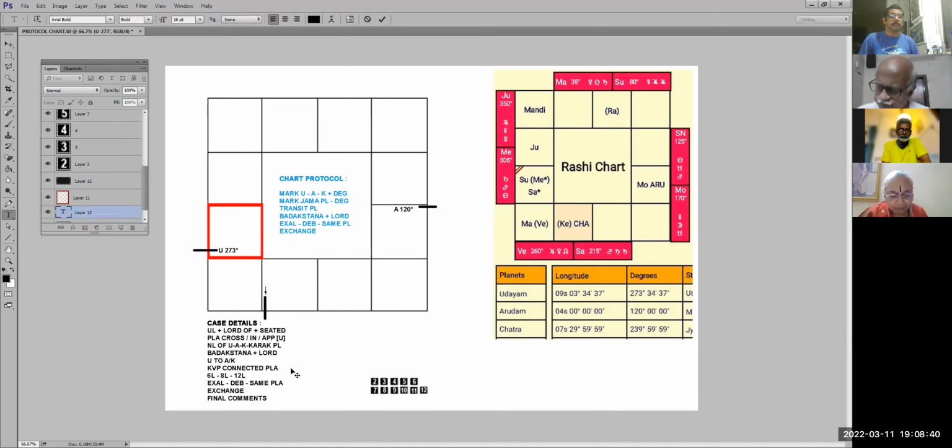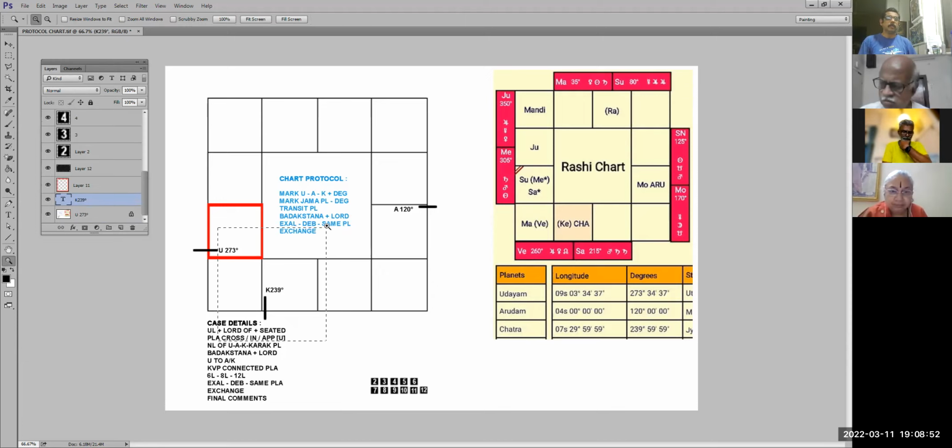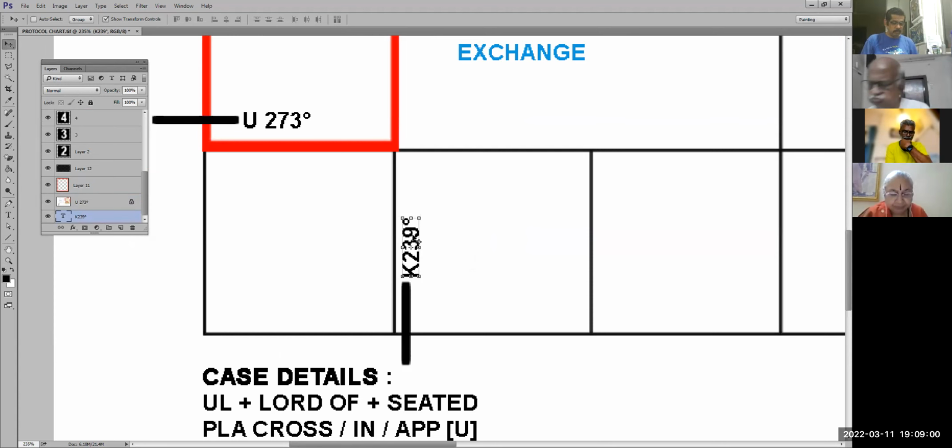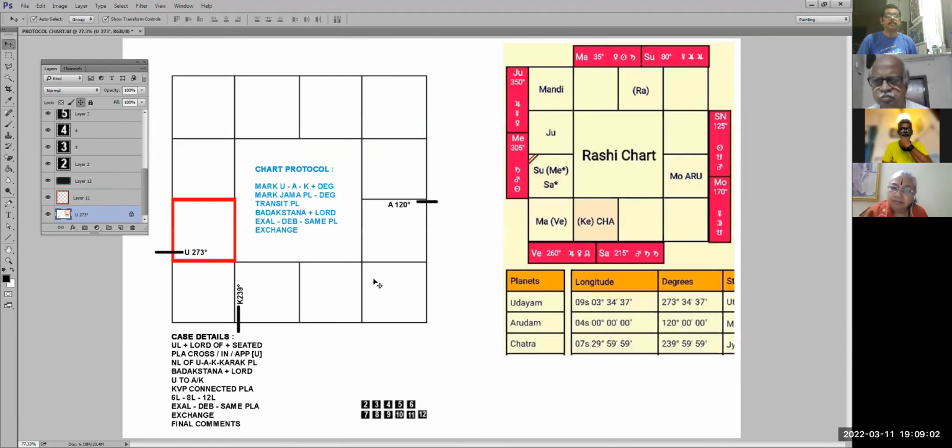So here you can write Kavipu 239 degrees. If you want, you can even rotate it this way. Whatever. I don't do this anymore because the software which I bought gives me this advantage. But you like to do it.